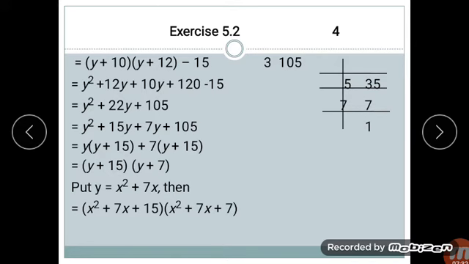First the first term and last term should be multiplied: 105 with 1, you will get 105, and the middle term is 22. So you are supposed to find two numbers that by multiplication give 105, and by addition or subtraction give 22. Here just addition is required, because no subtraction sign is seen in the expression.